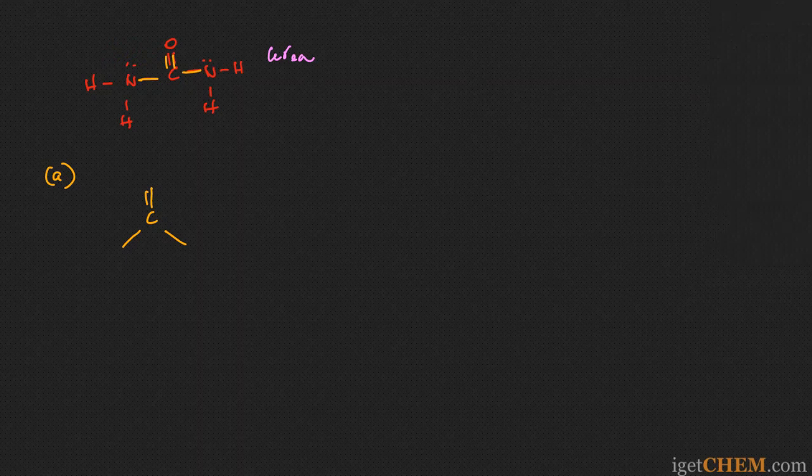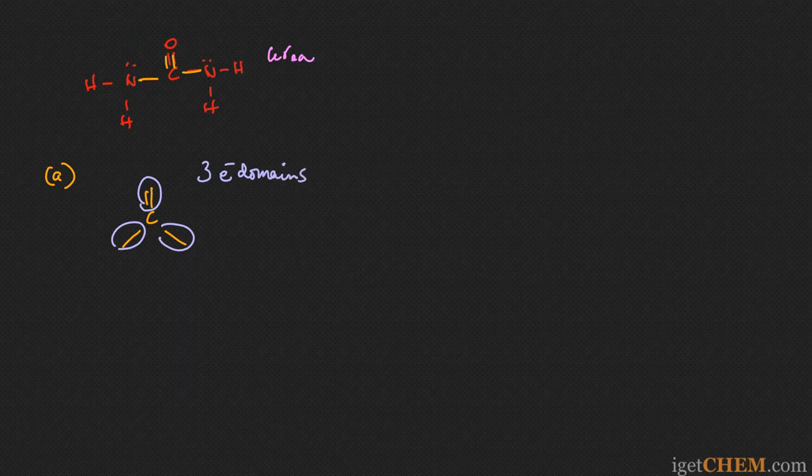A single bond counts as 1, so each of these counts as 1, and the double bond counts as another 1. So in this molecule, around the carbon atom, there are 3 electron domains. And according to VSEPR, the geometry around that carbon atom would be trigonal planar.